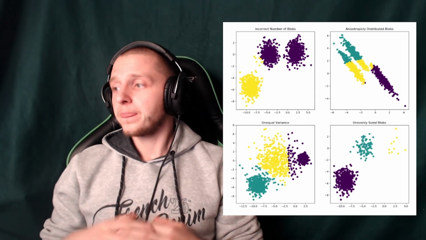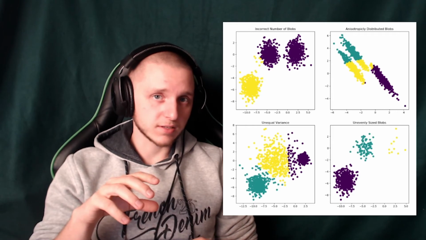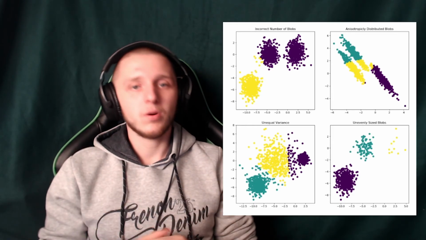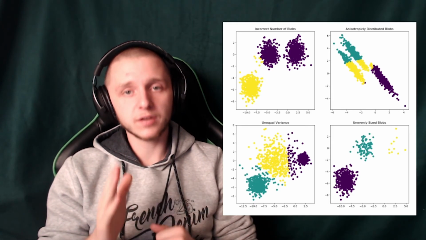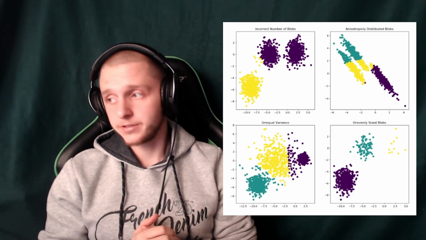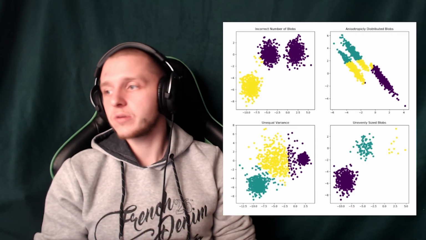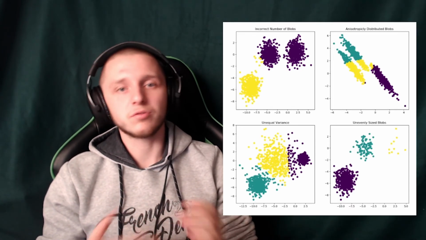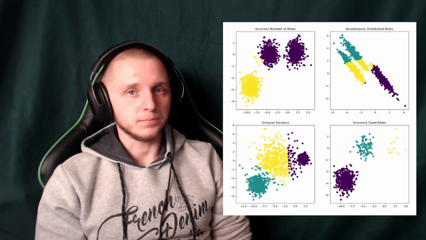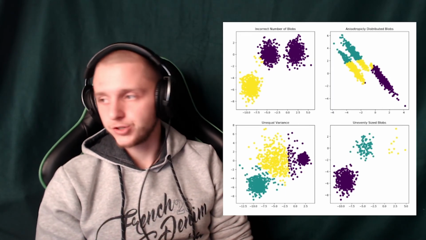Then some of the points from the middle blob will be assigned to the other clusters. We can also see that K-means can handle blobs of different sizes quite well, which is in the lower right picture.